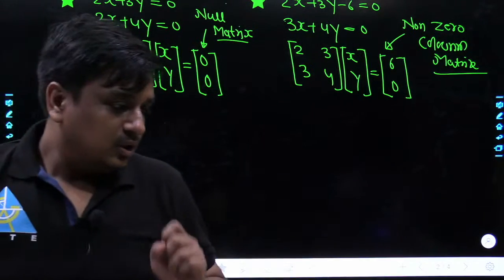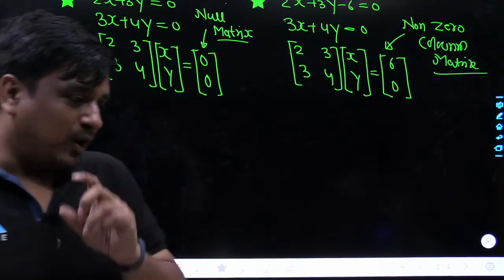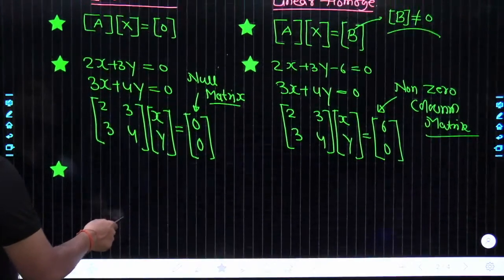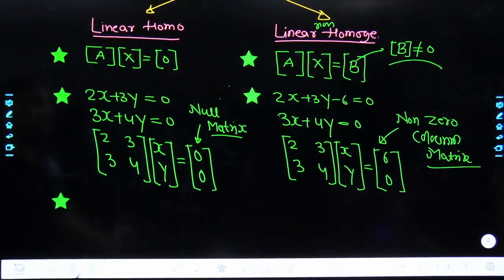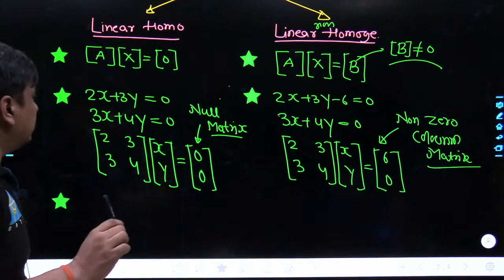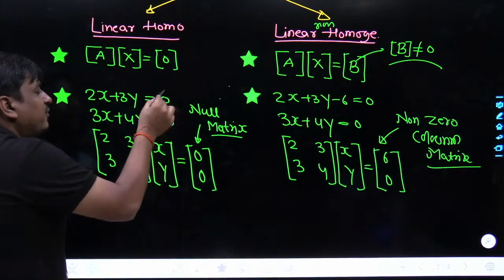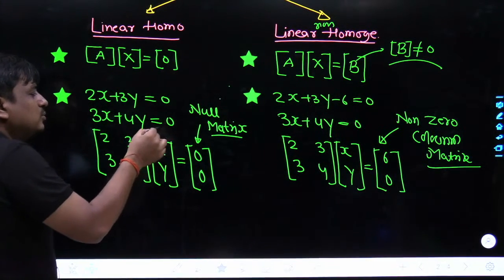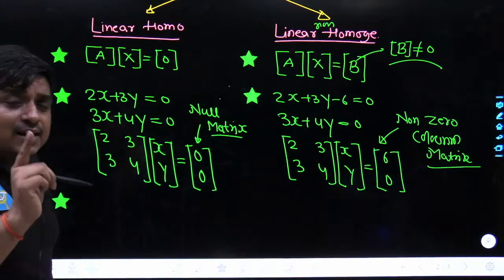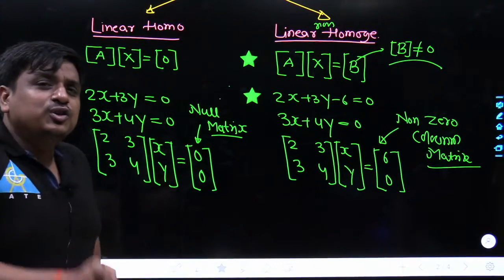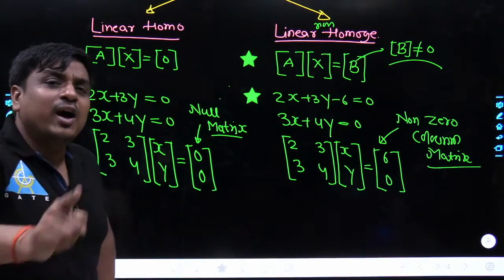No. Why no? Just understand in this way. Could you figure it out or not? See, if the right hand side has the value 0 alone, that means at least x equals 0 and y equals 0 is always going to satisfy your requirement.